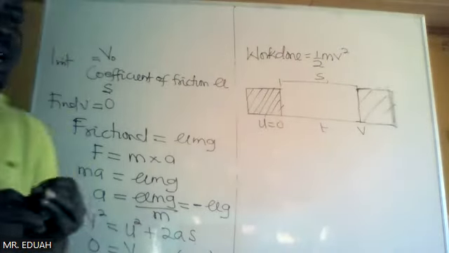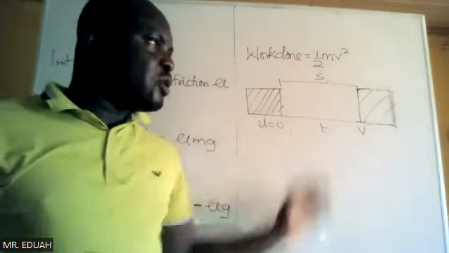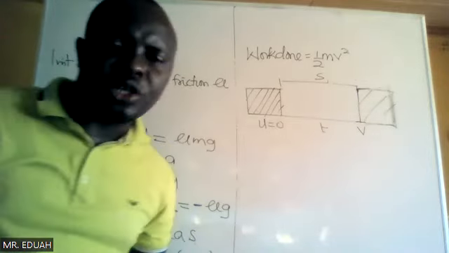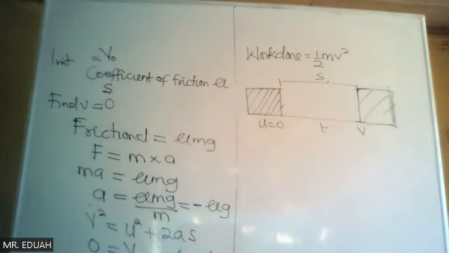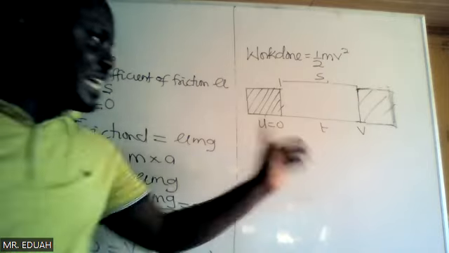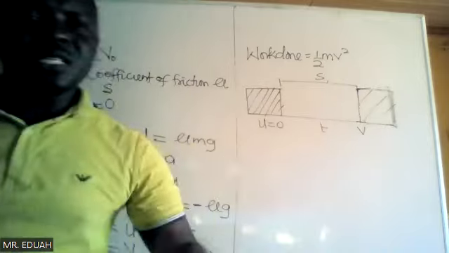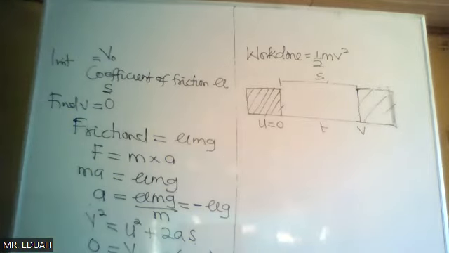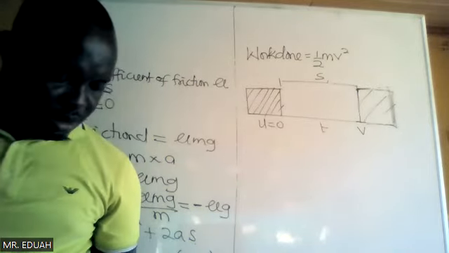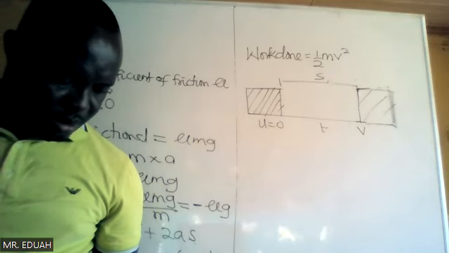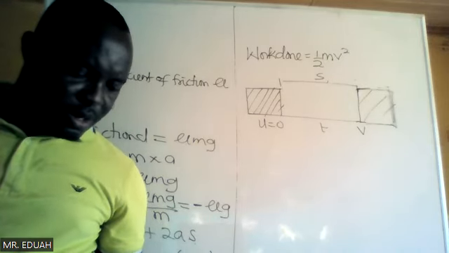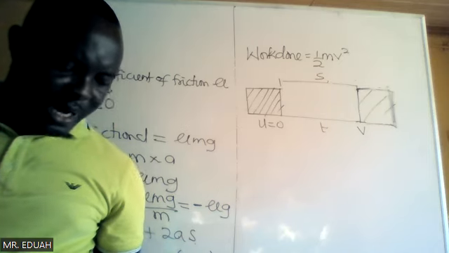So as at when the body is being moved, was there an acceleration or deceleration? Yes, as at when the body is being moved from this point to this point, was there an acceleration or a deceleration? Everybody is quiet.